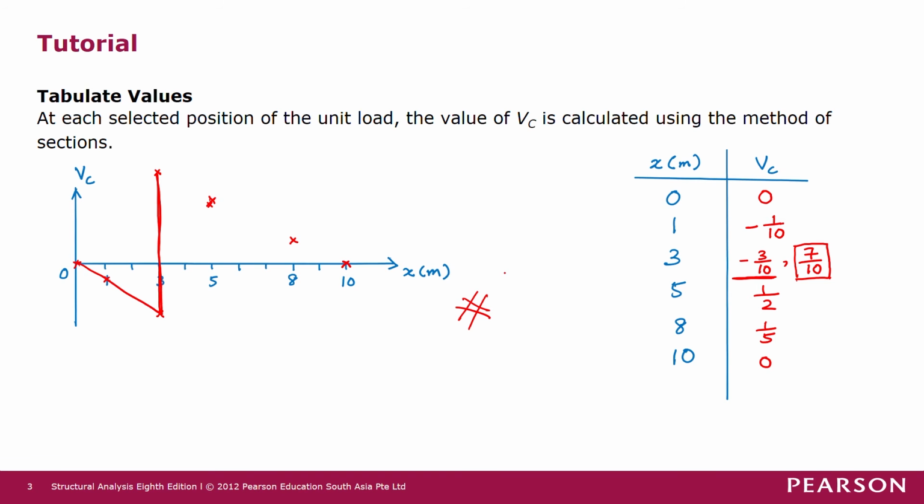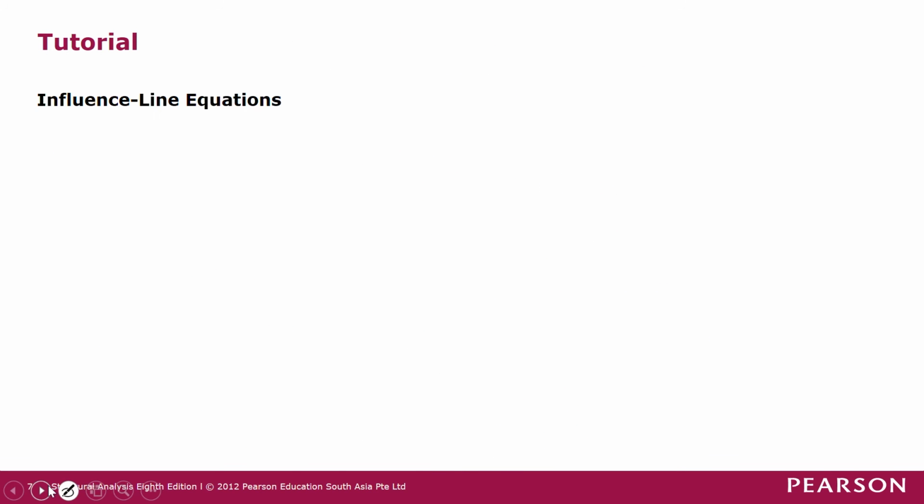So this is the shear force influence line for point C, VC. So now we have already solved for the influence line for joint C using the tabulated values. Next we move on to writing the influence line equation.